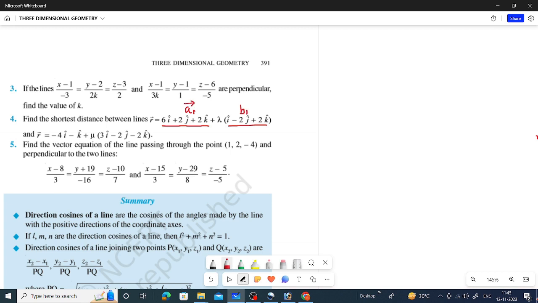So this is vector a1 and this is vector b1, and this is vector a2 and this is vector b2. These are the vectors which we get from the question, and now the shortest distance formula we know.